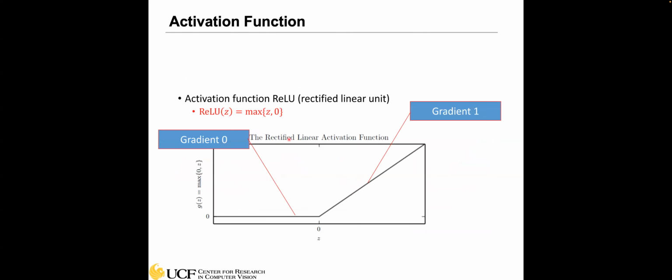The commonly used ReLU function also has this limitation. Because of the simplicity of ReLU, max of z and 0, it also has zero gradient. The left half of the plane is just 0 when you compute the gradient. We call this the dead gradient.